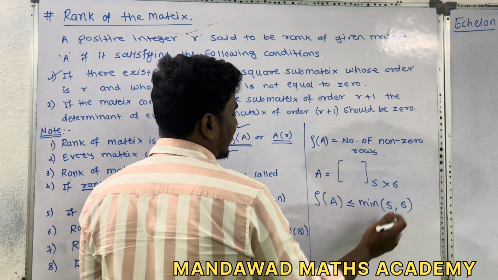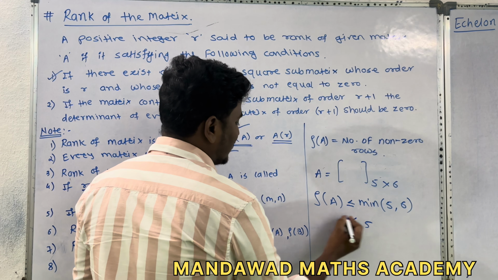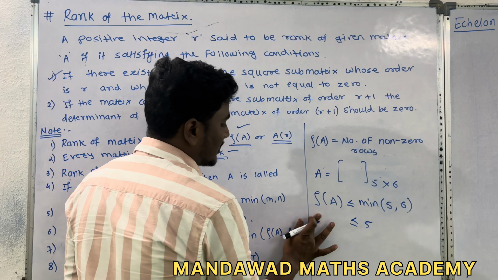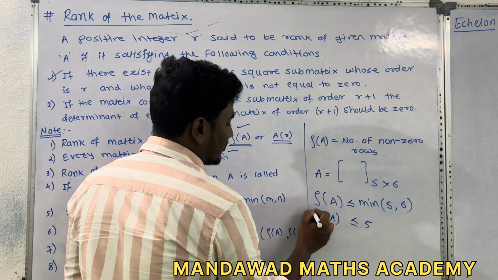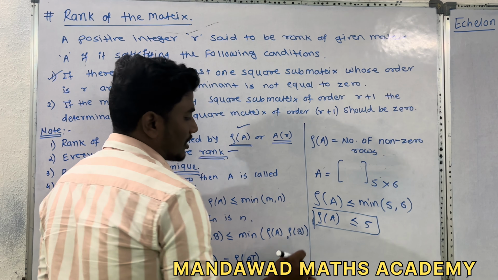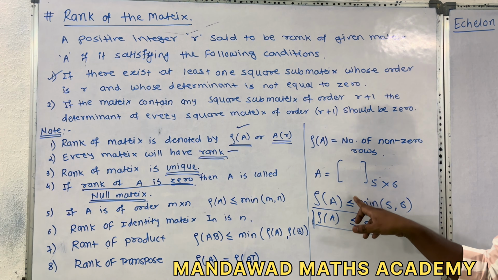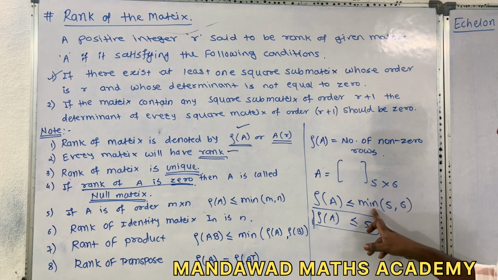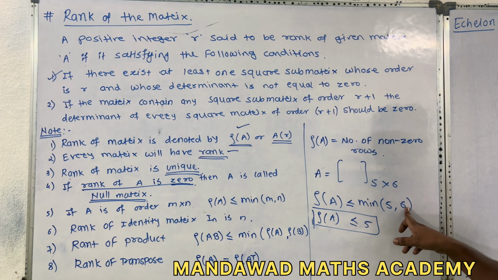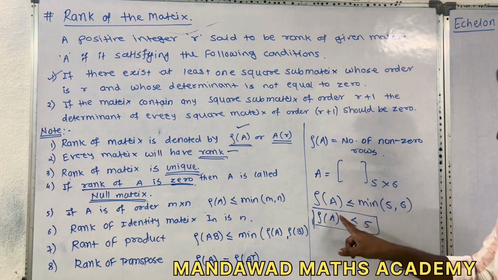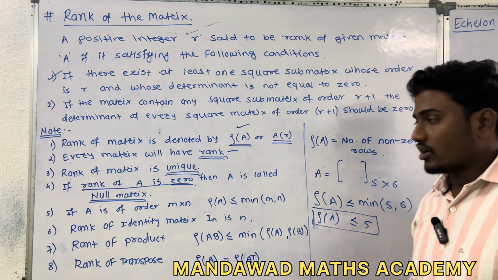What is the minimum of 5 comma 6? It's 5. It means the rank of this given matrix is equal to 5 or less than 5. Therefore the rank of A is less than or equal to 5.